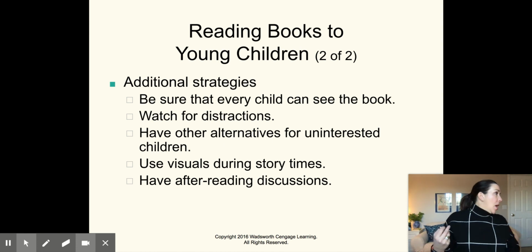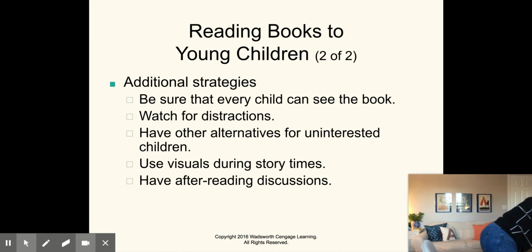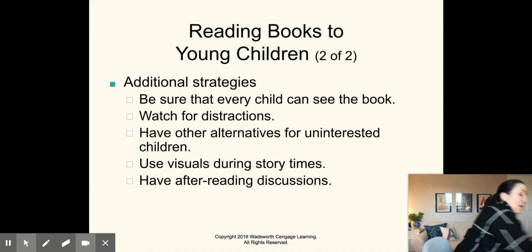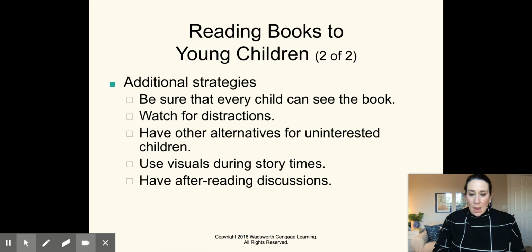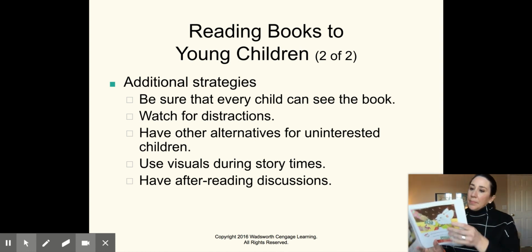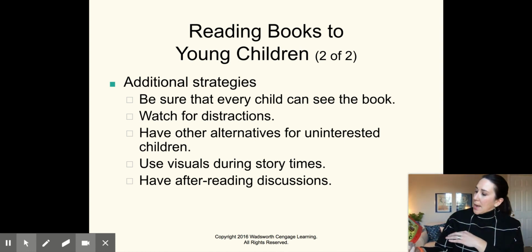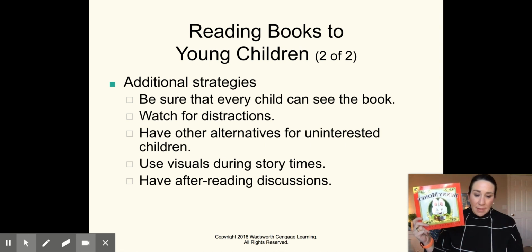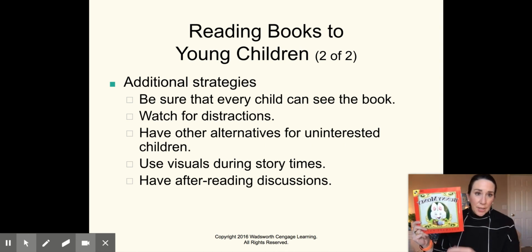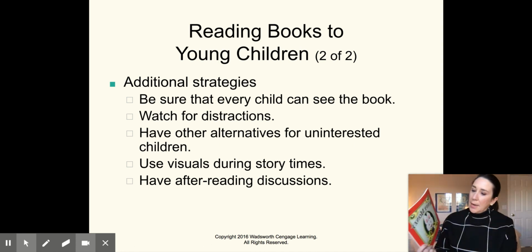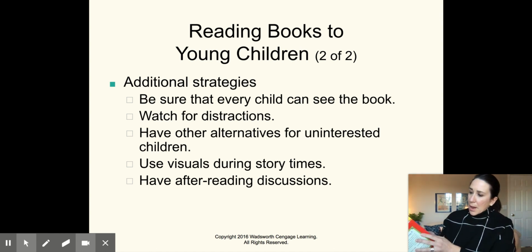Use visuals. Let me see if I can find this one quickly. I should have done this all before I started, but okay. So this is a book called Bunny Money, and it is a Max and Ruby book. And what I have done is I took some of the illustrations from the book and scanned them and blew them up so that we could make some puppets.